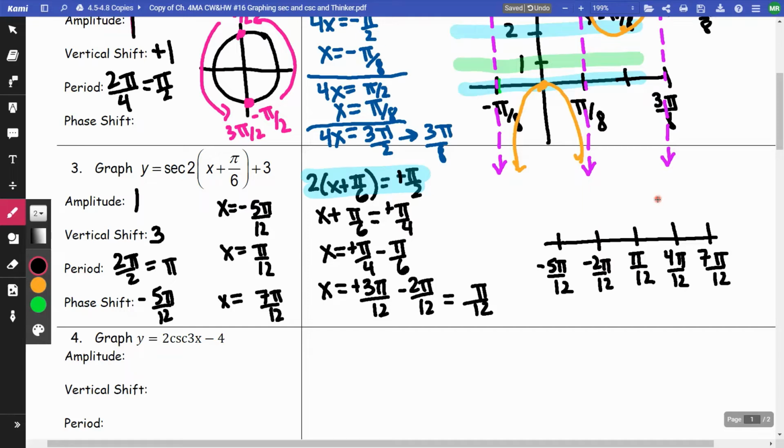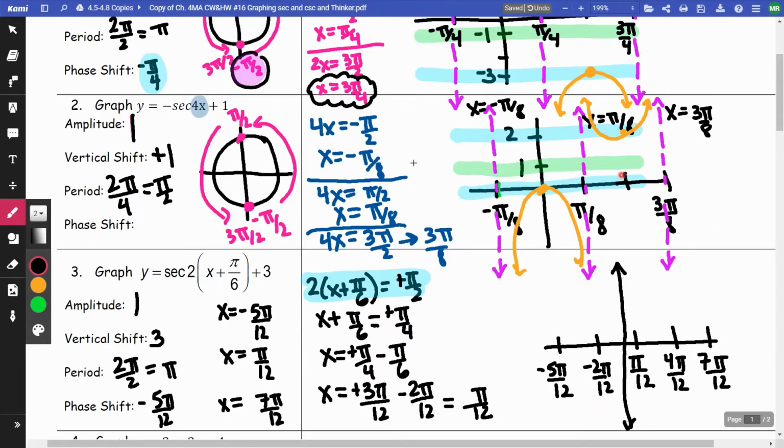Now my y-axis is not going to be one of these tick marks. And so my y-axis is going to be closer to this than the other side. And I'm going to have my asymptotes. So let me just grab an asymptote.